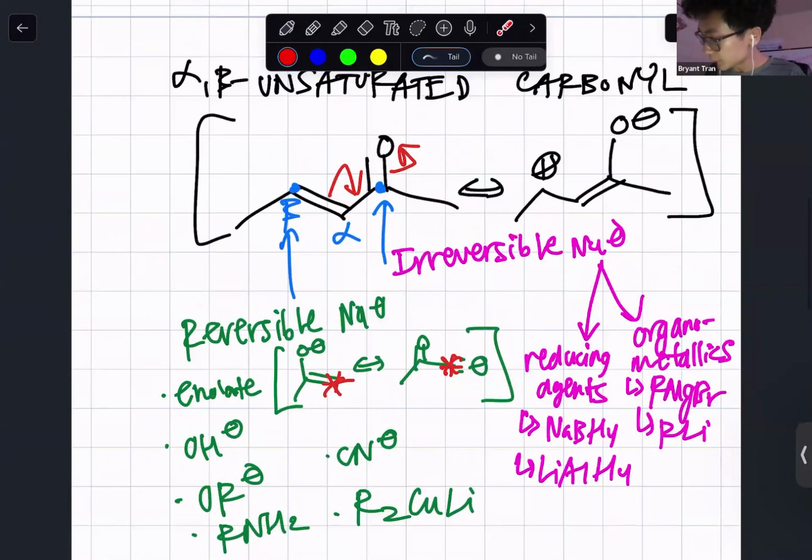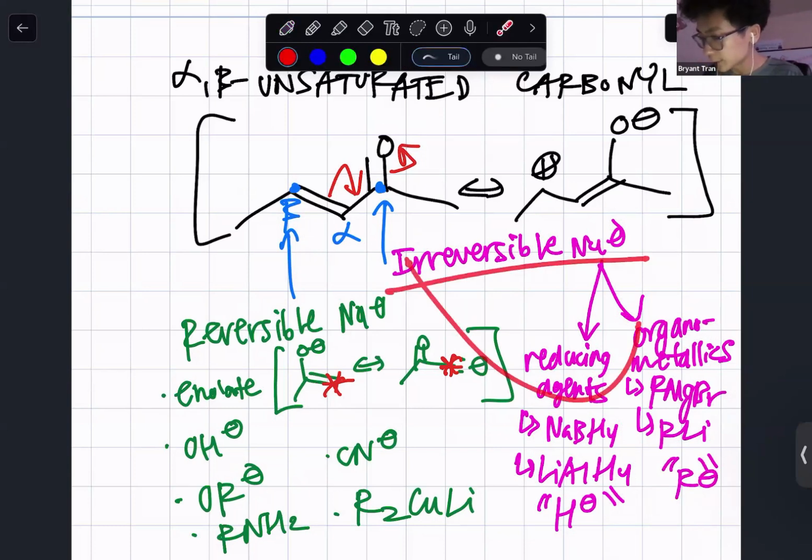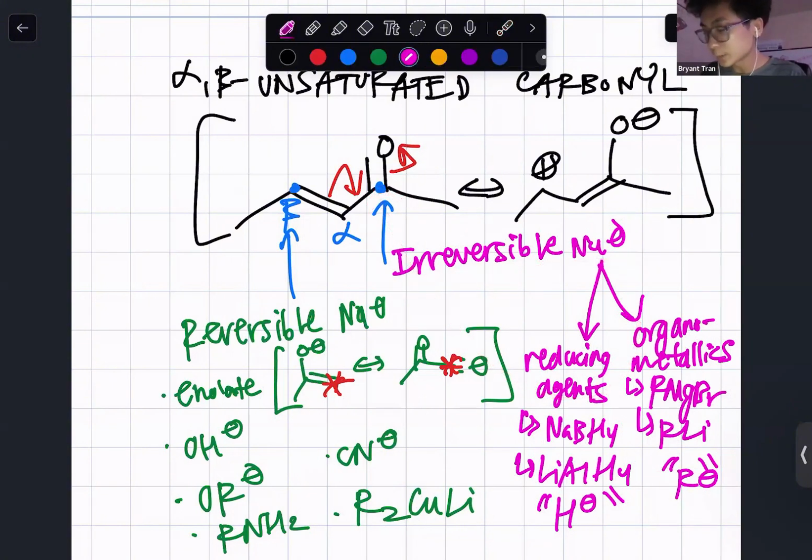When you see these right here, where you have an H-, which is the reducing agent, or an R-, which is the organometallic, those are irreversible nucleophiles that would attack that carbonyl carbon. The reason we say 1,2 or 1,4 addition is because conventionally, the oxygen is atom number 1, the carbonyl carbon is carbon number 2, the alpha carbon is carbon number 3, the beta carbon is number 4.